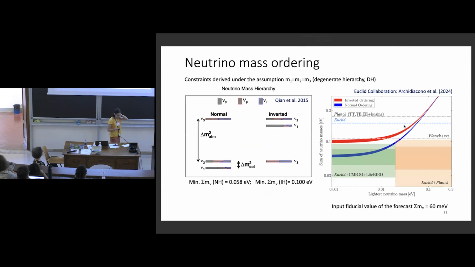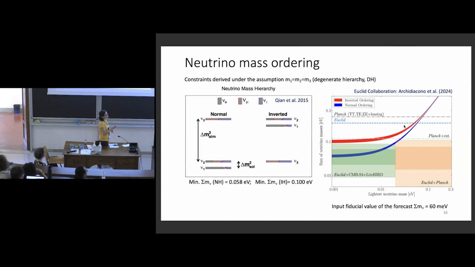fantastic sensitivity to the neutrino mass sum, one might wonder whether Euclid will also be sensitive to the neutrino mass ordering. What we have here is indeed the sum of neutrino masses in inverted ordering and normal ordering as a function of the lightest neutrino mass.